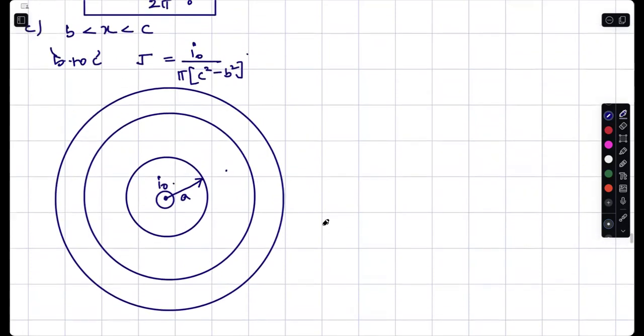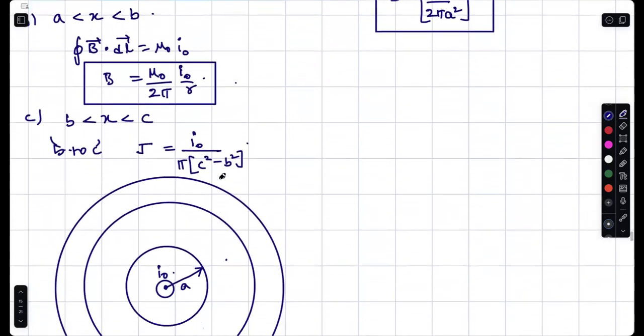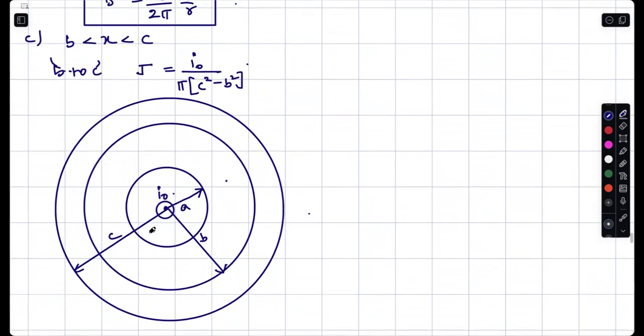That is the region between what is that boss? It is between B to C. That is not even a worry point for me.